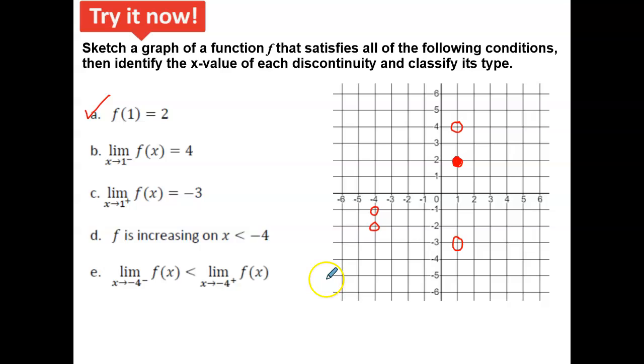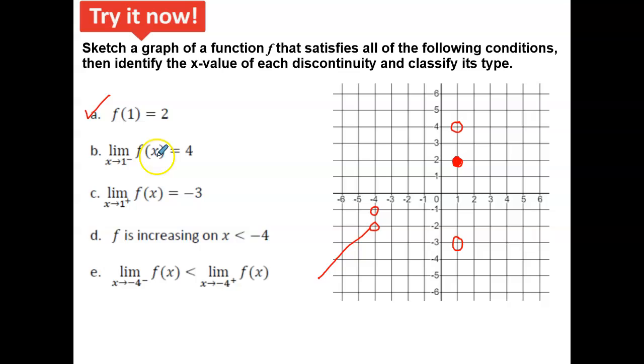So I'm going to be going uphill from negative infinity to my open circle at negative 4, negative 2. Okay, then from my limit approaching from the right side, there's nothing that says whether this is increasing, decreasing, or constant, right? So as long as I don't fail the vertical line test, we should be in good shape.